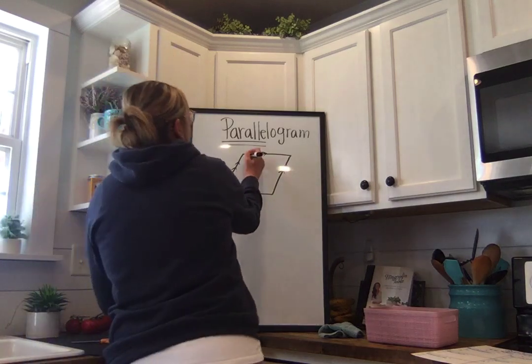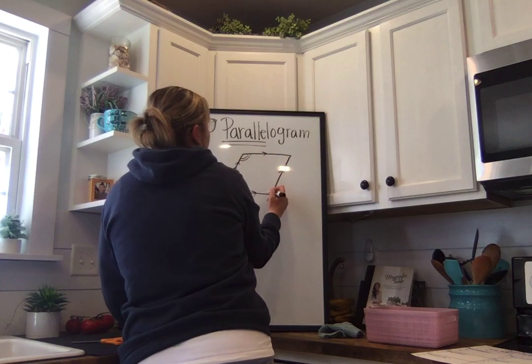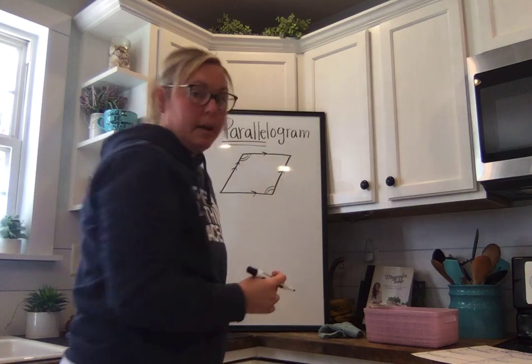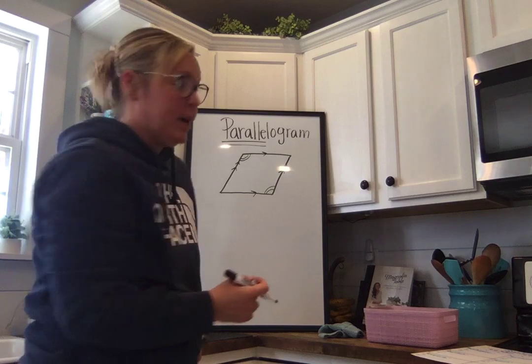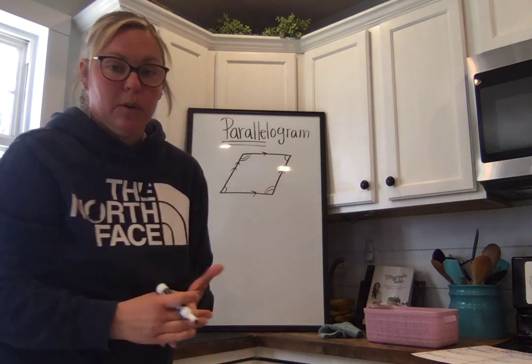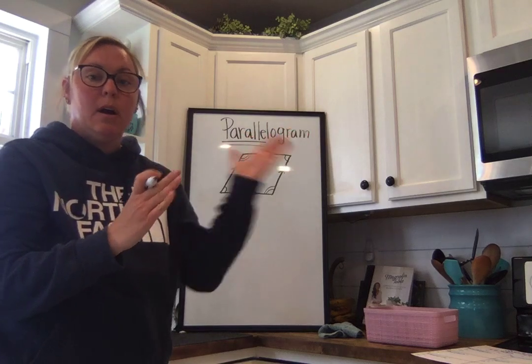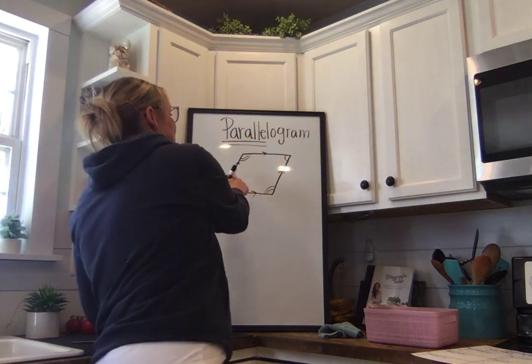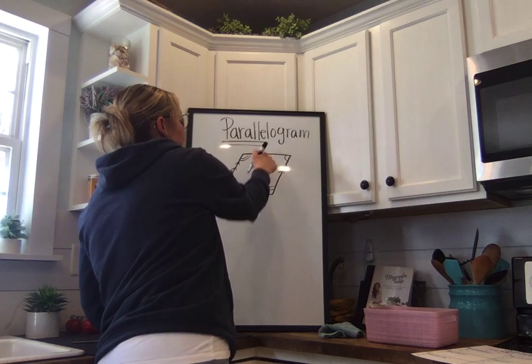You'll also notice this angle here and this angle here are congruent. We talked about congruent when we talked about triangles. And then this angle here and this angle here are congruent. So the opposite angles are also congruent. These sides are congruent and these sides are congruent.